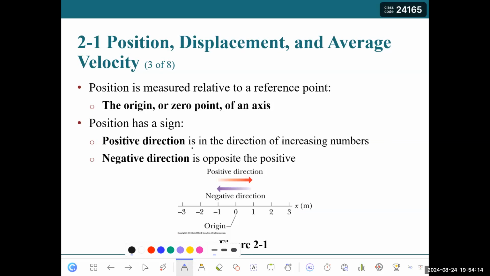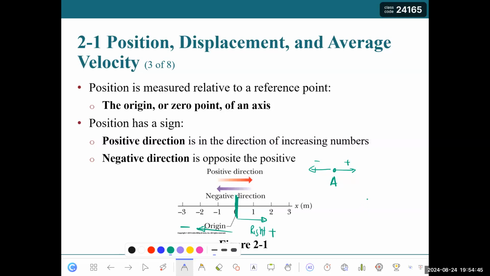So let's talk about position. Position can be, let's suppose this is the point where you are. The object can go this way towards the right, which we consider positive. If you go towards the left, we consider it negative. If I say go towards left or right, you have to make sure you know which one is positive and which is negative.